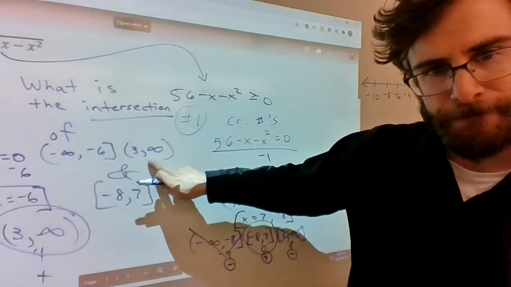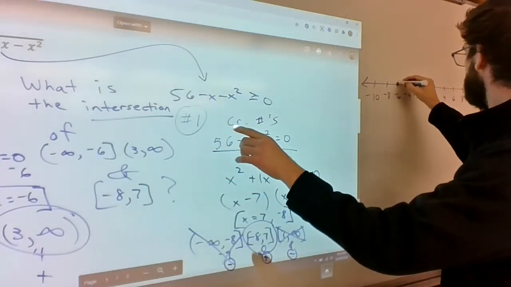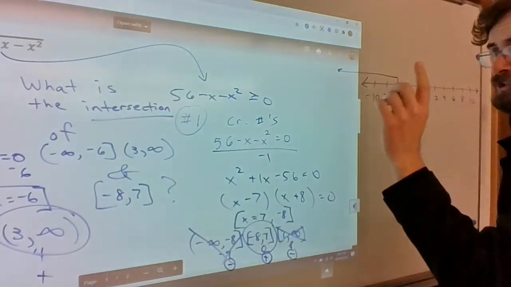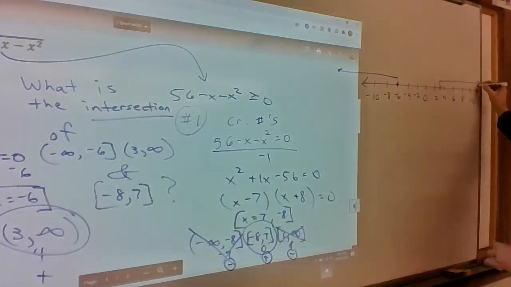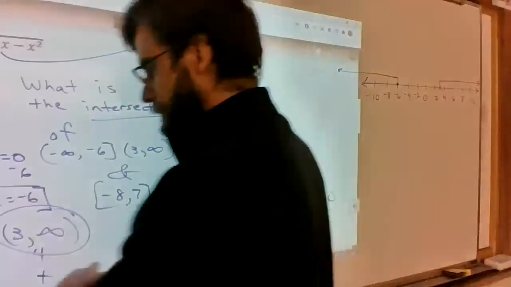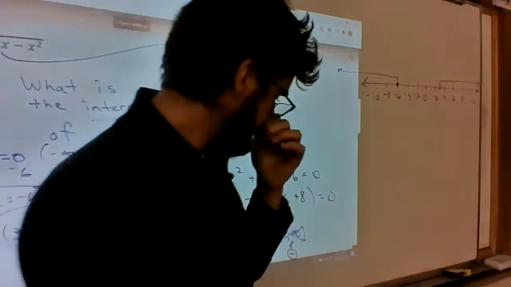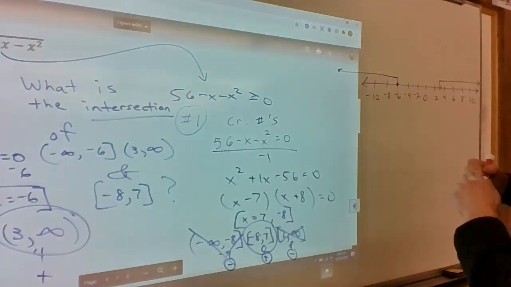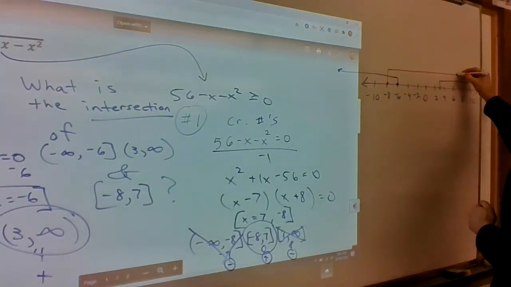This solution set would be a closed circle at -6, and it just keeps going forever in that direction. The solution set for 3 to infinity would be an open circle at 3 and would go forever in this direction. Negative 8 to 7, in brackets, in red, would go from -8 all the way to 7.